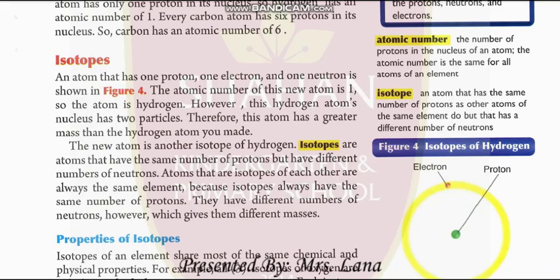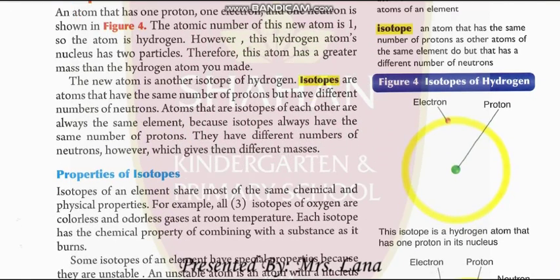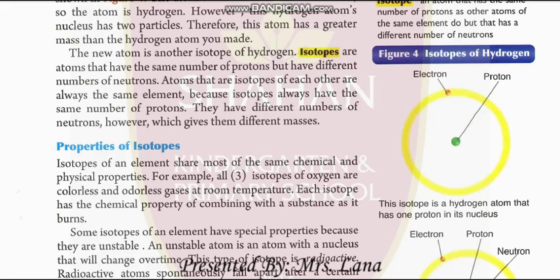What are the properties of the isotopes? Isotopes of an element share most of the same chemical and physical properties. For example, all 3 isotopes of oxygen are colorless and odorless gases at room temperature. Each isotope has the chemical property of combining with a substance as it is burnt.